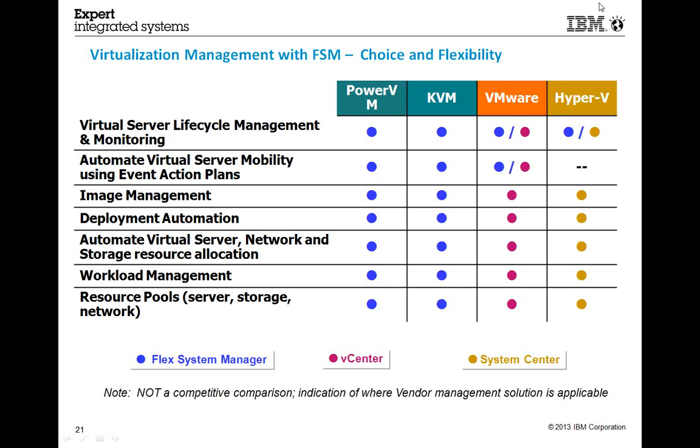You can always get the same console to do the job, right? Being able to do workload management, being able to automate virtual server, network, and storage resource allocation, and I think this point is extremely important because it gives you a clear view of how various systems get integrated with each other, right?